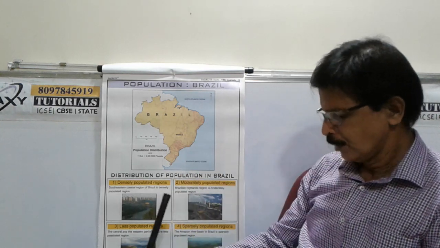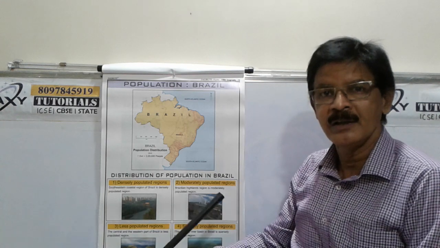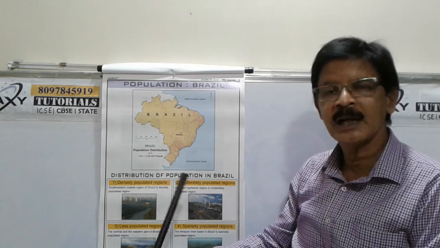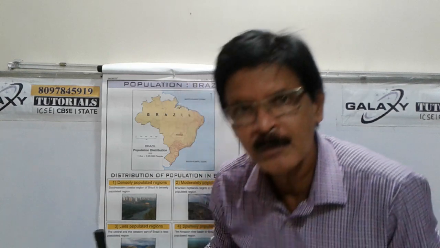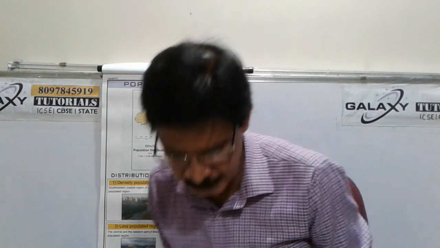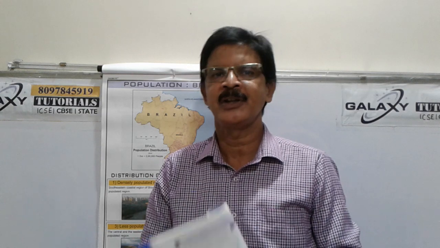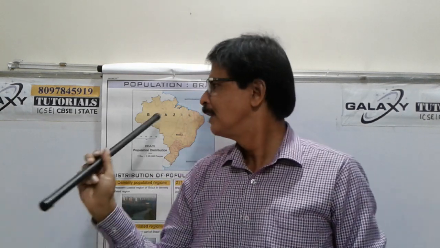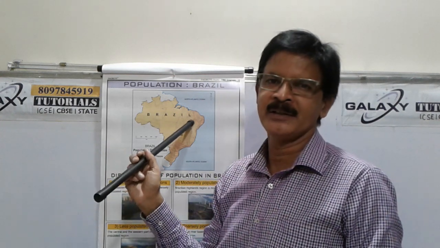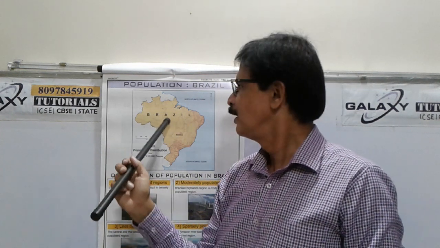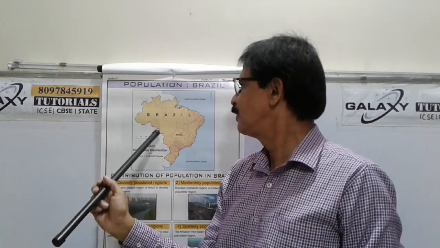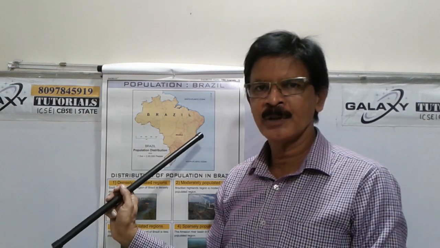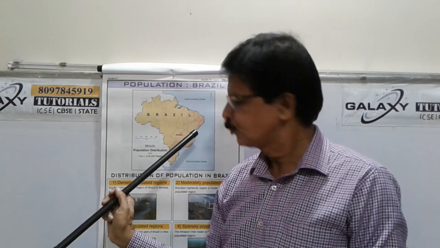Let's complete. So now again, they say India is the second most populous country in the world. Brazil is the most populated country in South America. Even if you compare this with India, even though they have a sparse population in most of Brazil, it is still the most populated country in the South American continent.